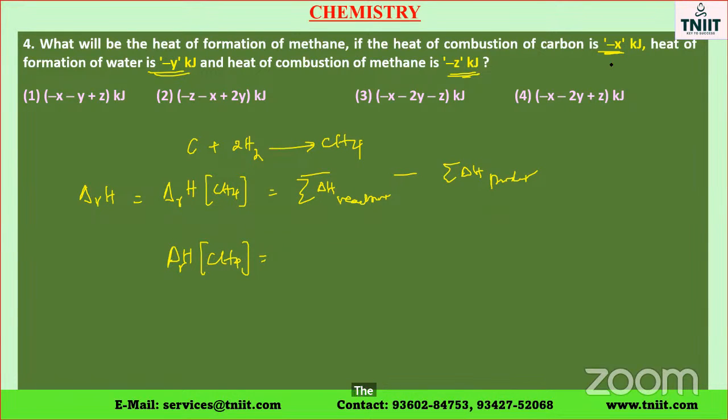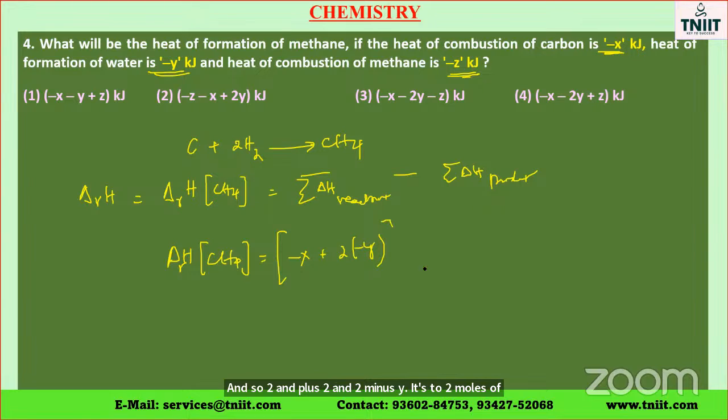So carbon, they've given combustion as minus X, and hydrogen they've given as minus Y. So plus 2 into minus Y, as 2 moles of hydrogen we have. Minus of combustion of methane they've given. They're asking formation of methane.